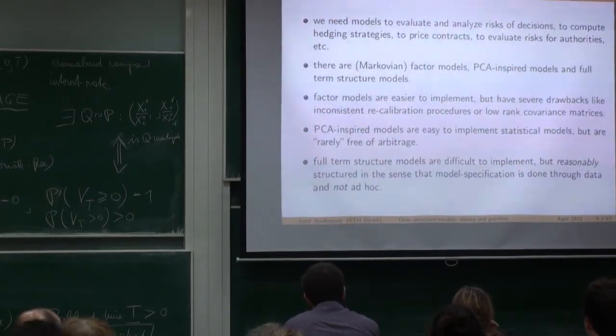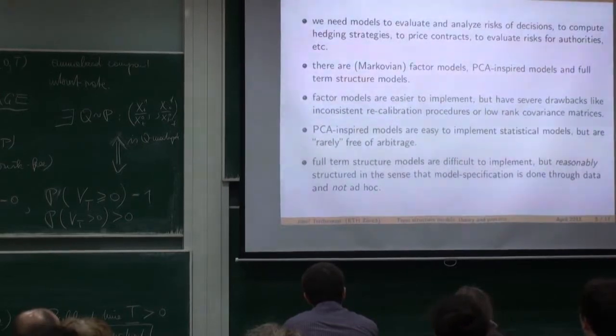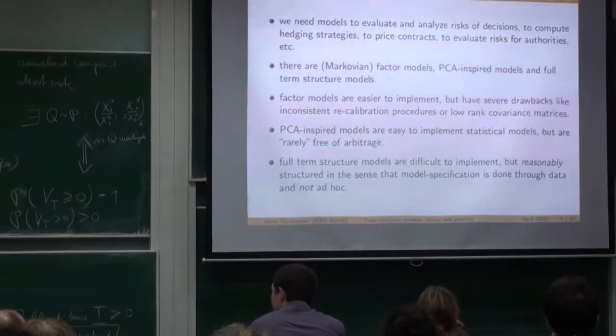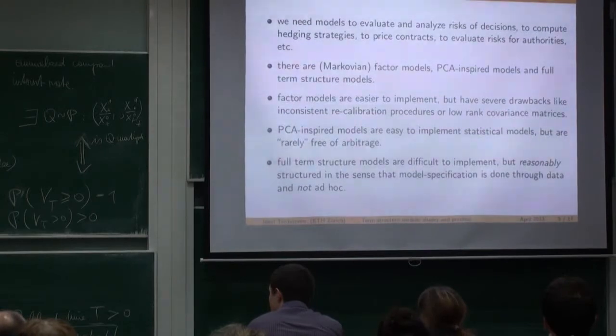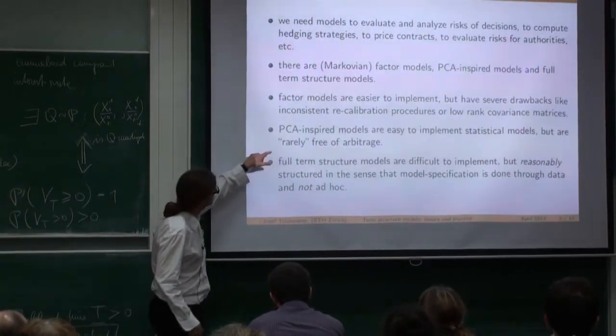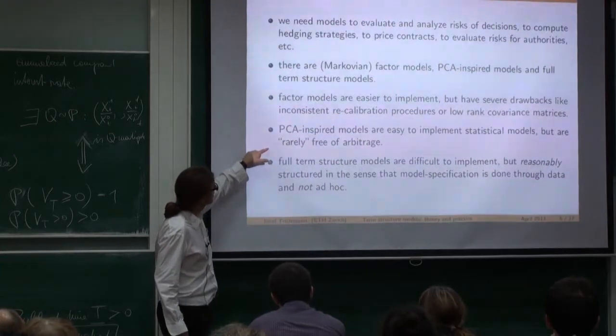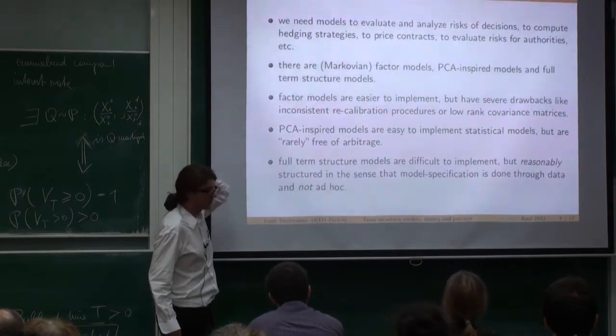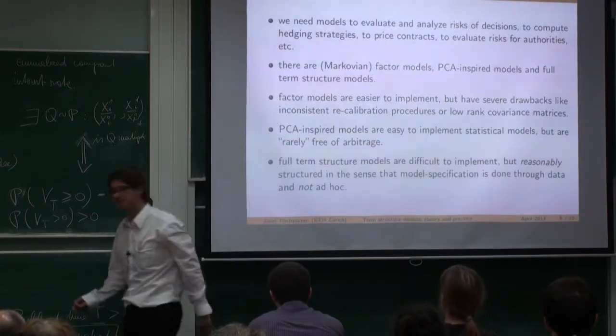PCA models are funny, because a lot of people would say, well, PCA is what they do in statistics, and they know about all the properties of that. But there has been a nice theorem, which partly was proved by myself some years ago, that a PCA model is usually not free of arbitrage, which is funny.